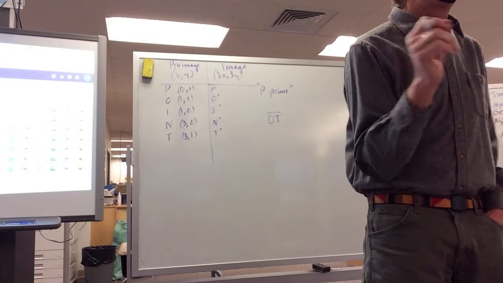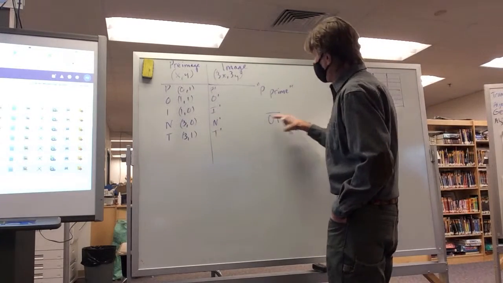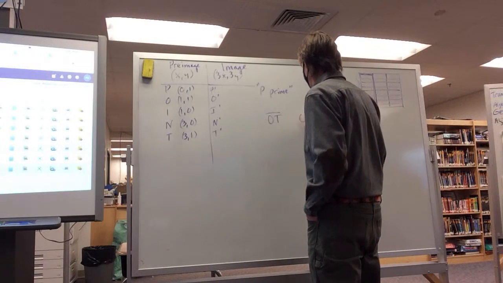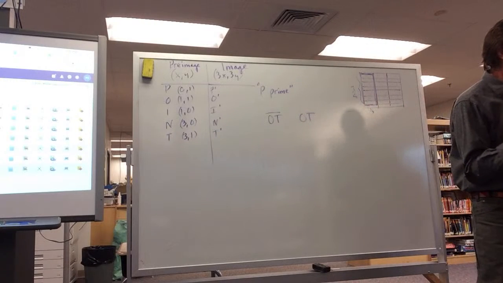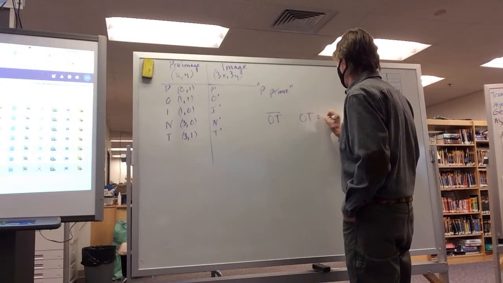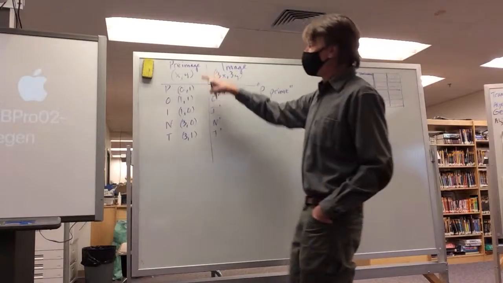Each little square is a unit. When we write the measure of something, we just put the letters OT. That means the measure of segment OT. So the measurement of segment OT is 2 units. That's in our pre-image.